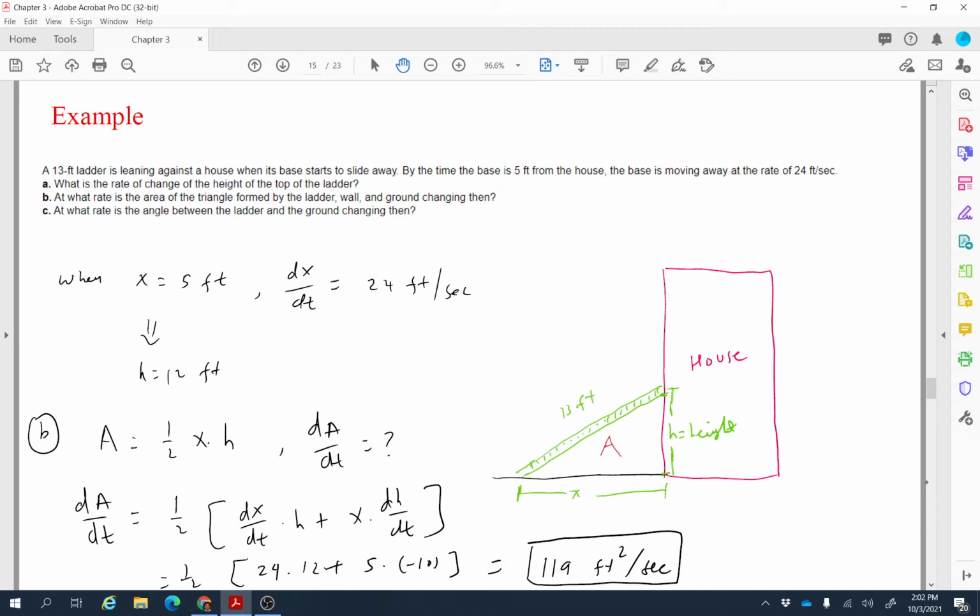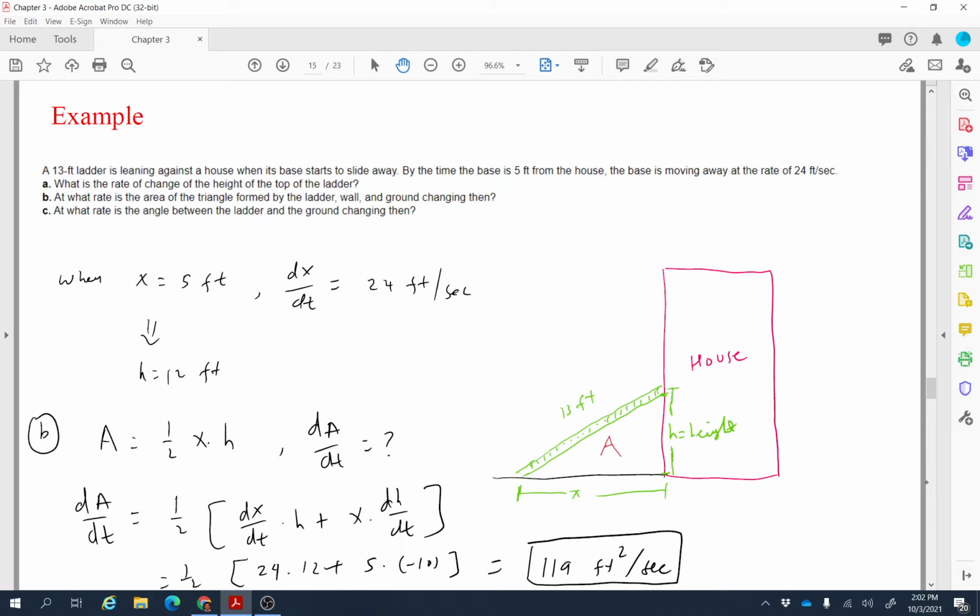But when we find the derivative on both sides, keep in mind x is a function of time and h is also a function of time. We need to use the product rule while finding the derivative on the right side. So that will be one half, and by applying the product rule, the derivative of x times h plus x times the derivative of h.